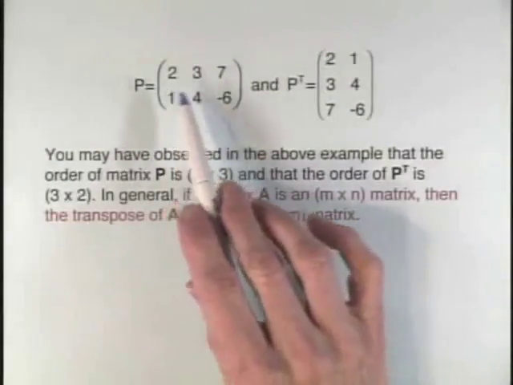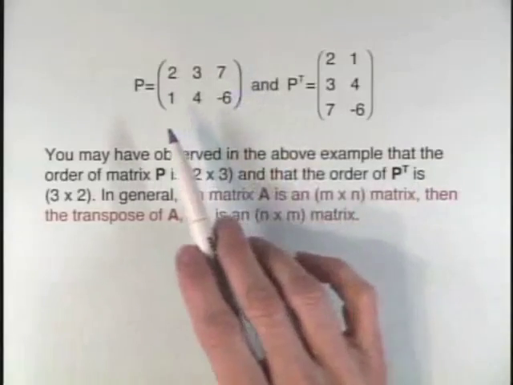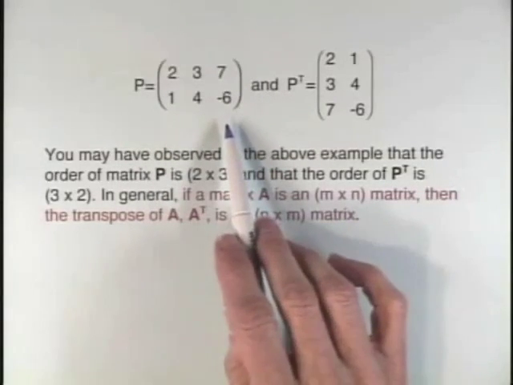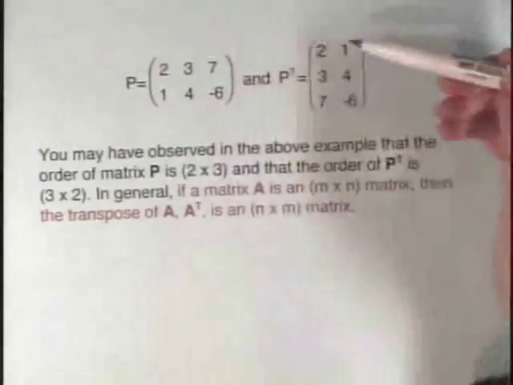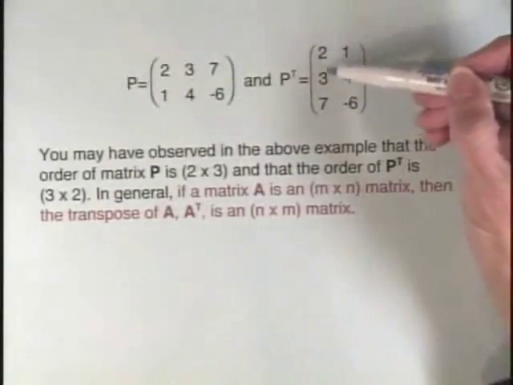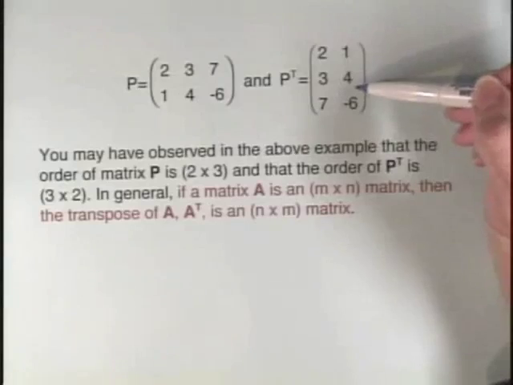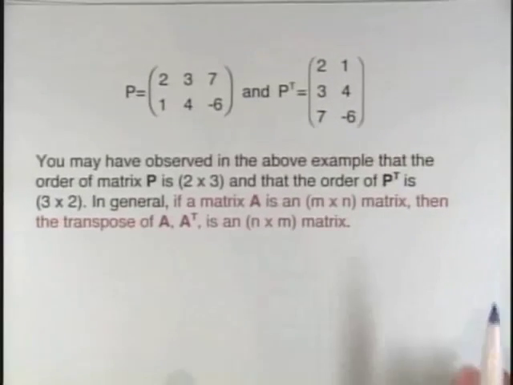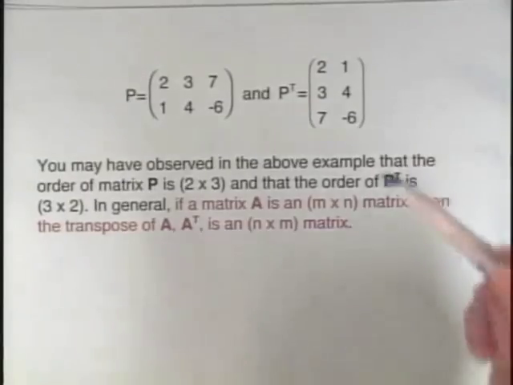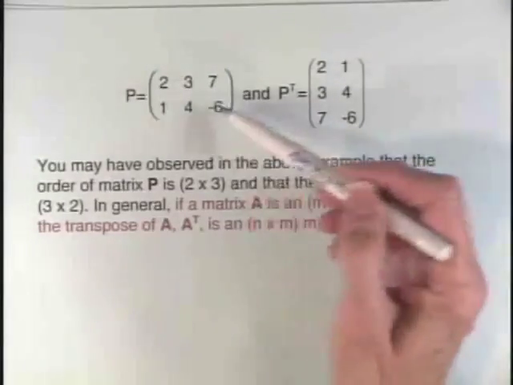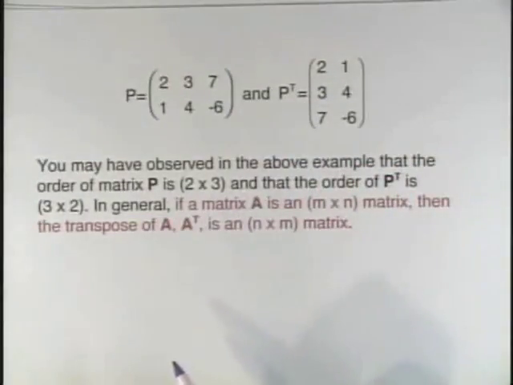P equals 2, 3, 7, 1, 4, -6, reading across the rows. P transpose, if you read down the columns, reads 2, 3, 7, 1, 4, -6. So we interchanged rows and columns. We observe that in this example, P is a 2 by 3 matrix.